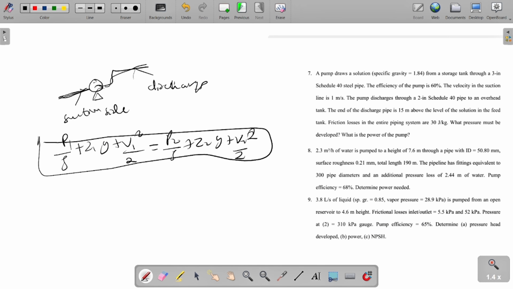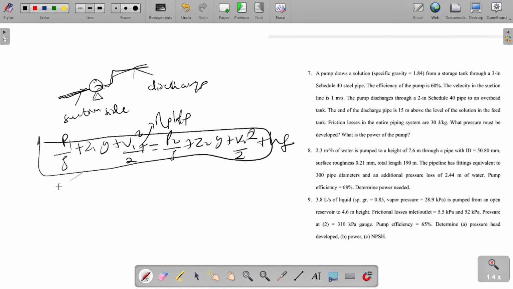So this relationship is what we call the Bernoulli's equation. And we also have the Bernoulli's equation where we want to account for pump work and friction. So if I want to account for pump work, on the right hand side I'll be adding the efficiency of the pump times the work done by the pump. And since I'm accounting for the pump work and the friction, I also add the HF to this side.